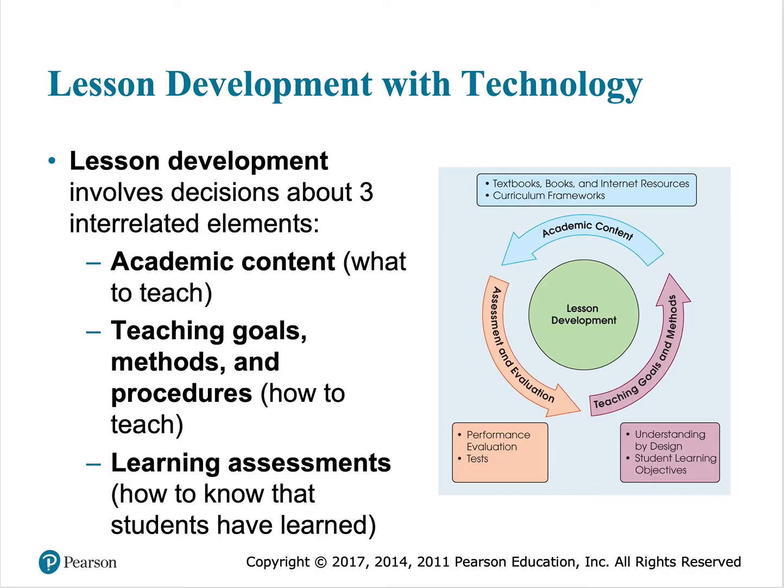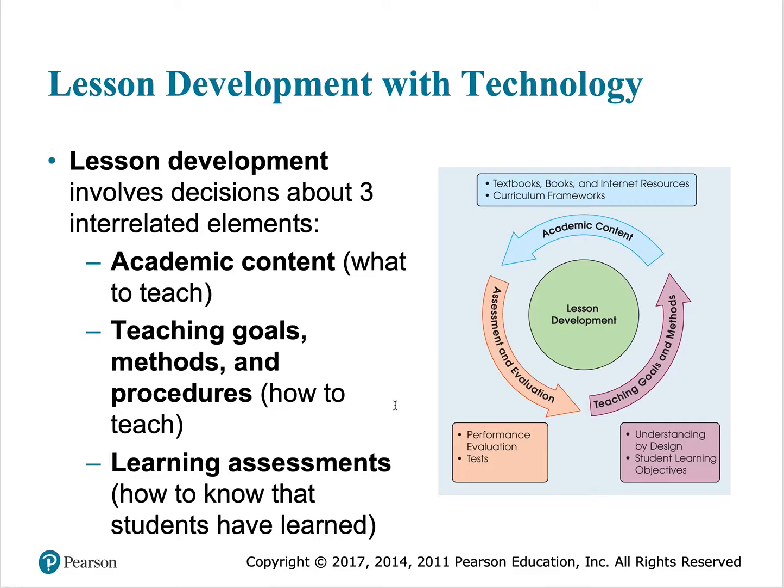Lesson development. Well, I've always said there's 4 aspects to any lesson, and it's simply, what do you want to do, how are you going to do it, how do you know they learned, and then you need to reflect, how are you going to make it better, because very rarely do any lessons go completely fine. They often all have some flaw or some tweaking that needs to be done.